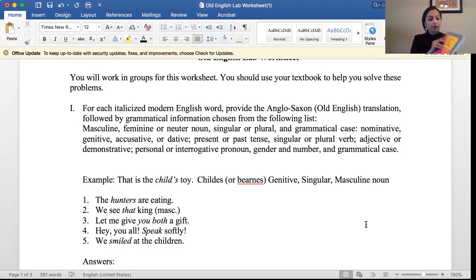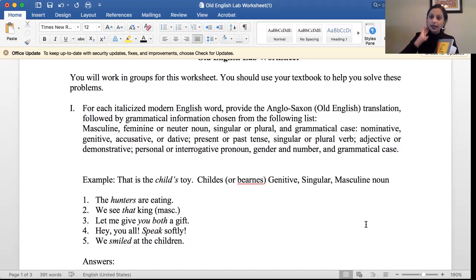A lot of these can be found within your textbook in the Old English chapter, which is chapter 4, as well as the chapter before that with the Indo-European, but mostly from page 51 to let's see, page 84 or 85 is where you're going to be finding majority of this.